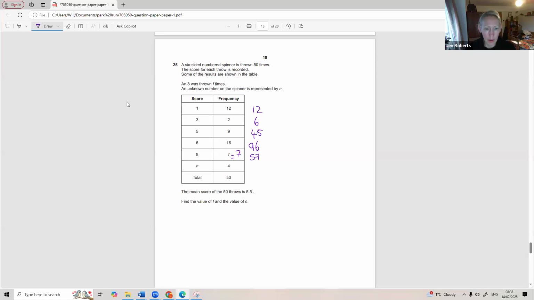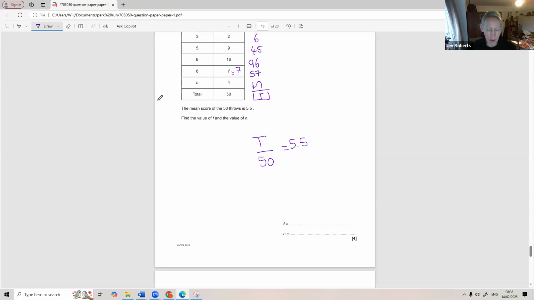I don't know N, so I'm just going to put 4N here. Then we'd find the total of this and divide it by 50. But we don't know the total here, so I'm going to call it T for now. But we know that T divided by 50 gives you 5.5. So what is T? Well, if I times both sides by 50, T is 275.